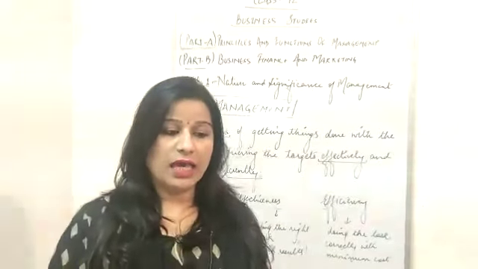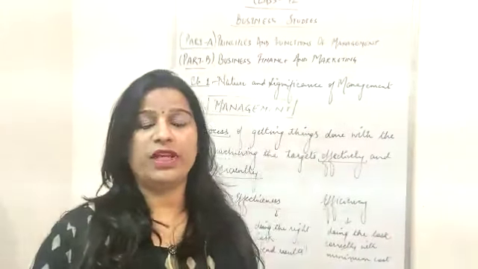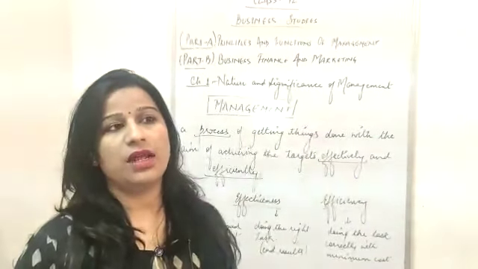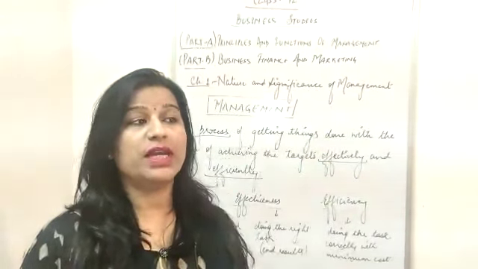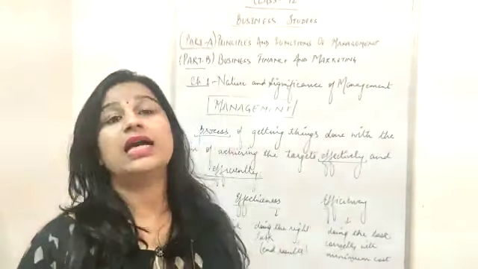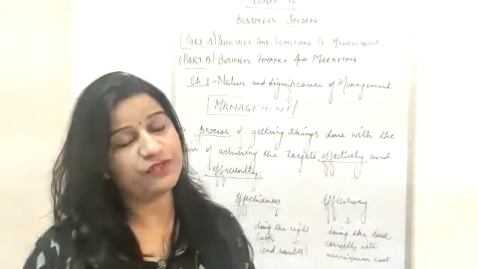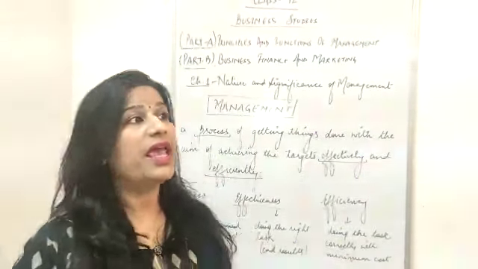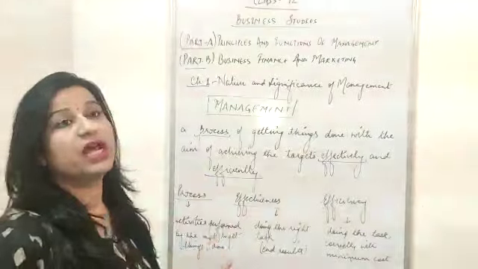Students, every organization has a target of increasing productivity, a target of increasing consumers, a target of growth and diversification. So according to the time and condition, every business has some target.